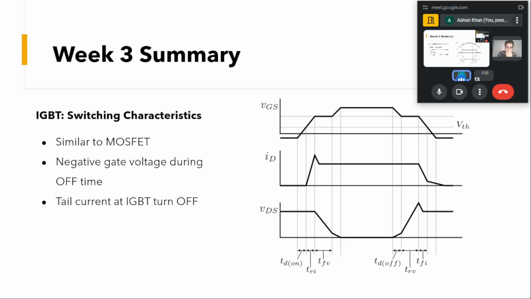I have a doubt: why does the current always rise first, and then the voltage drops?